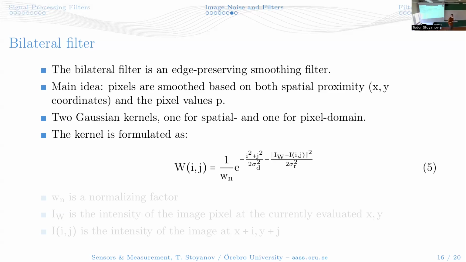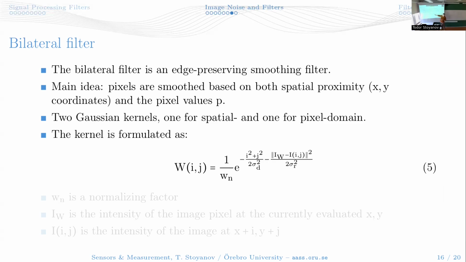So these are the 2 Gaussians, and what happens when you multiply 2 Gaussians? Well, you get a new Gaussian. So there are 2 Gaussians here, this is the first Gaussian, and this is the second Gaussian.